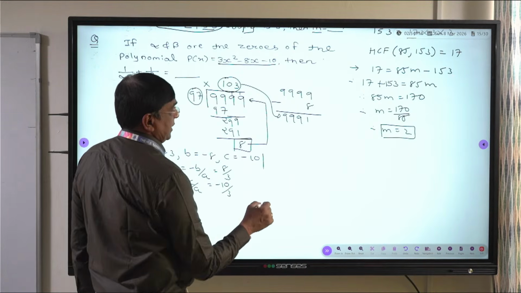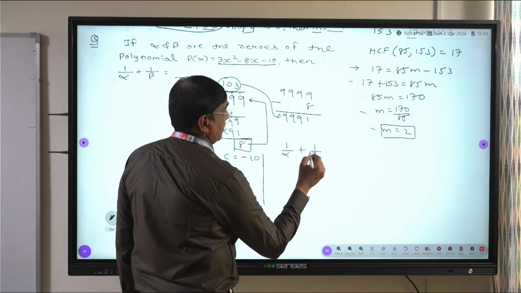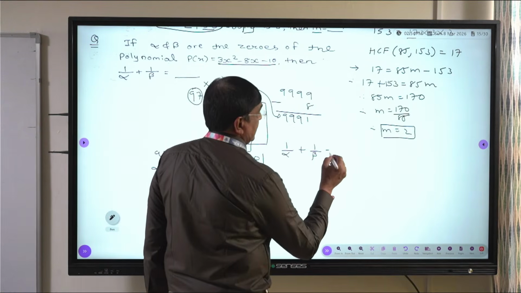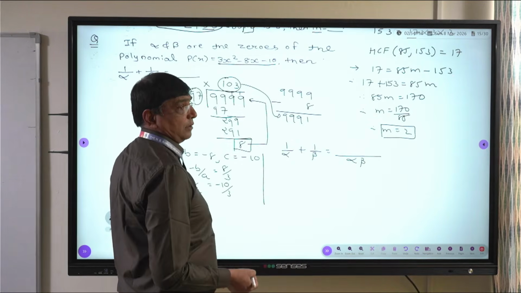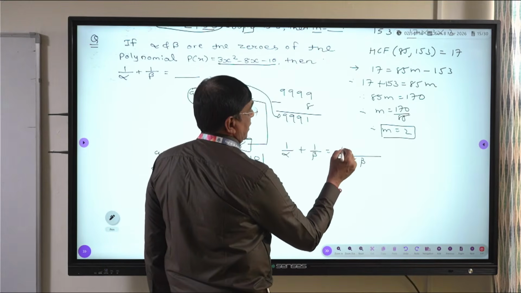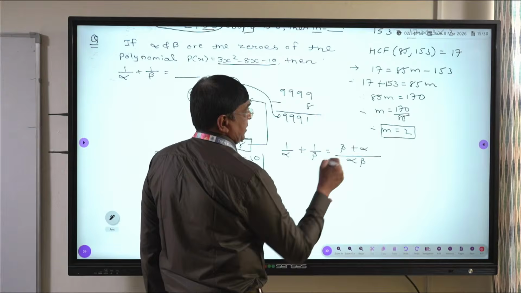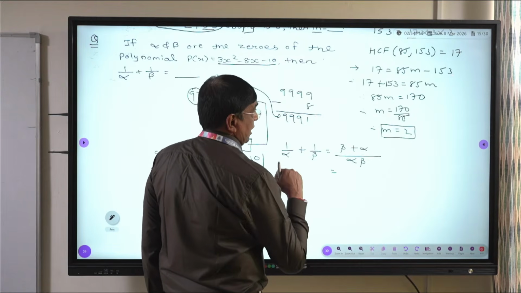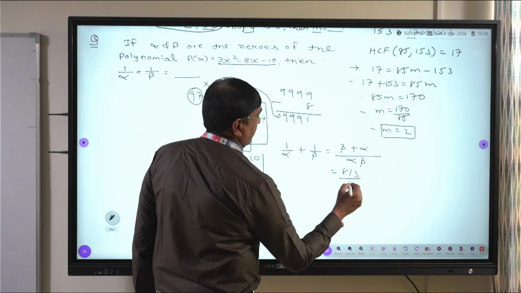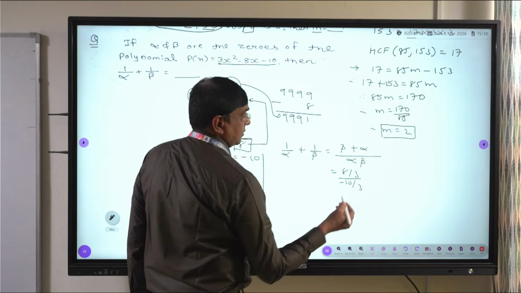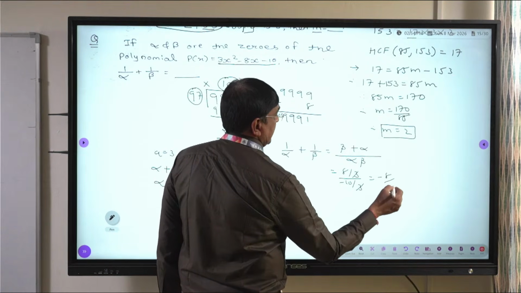Our requirement is 1 by alpha plus 1 by beta. Taking LCM, what we get? Alpha beta in the denominator, cross multiply: beta plus alpha. Alpha plus beta over alpha beta. Direct values: 8 by 3 and minus 10 by 3. 3 cut. 8 by minus 10.